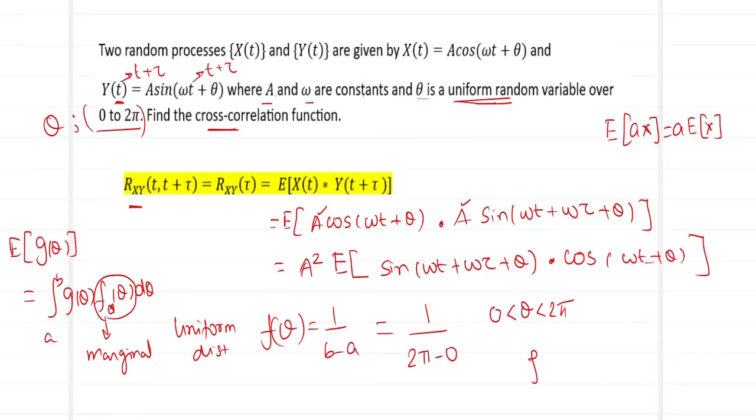So from here I have my f of theta equal to 1 divided by 2 pi. So in place of f of theta, I can replace this with 1 by 2 pi. So the expectation over theta has to be integrated with the function input and the product of the density value.